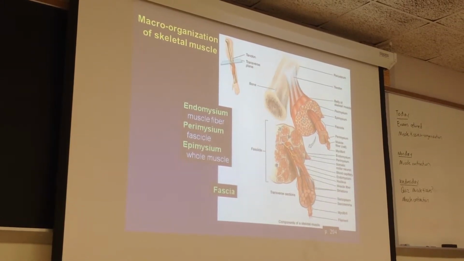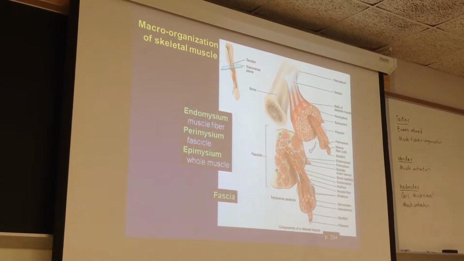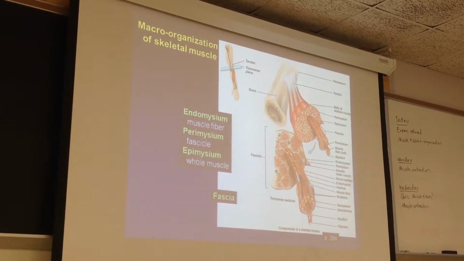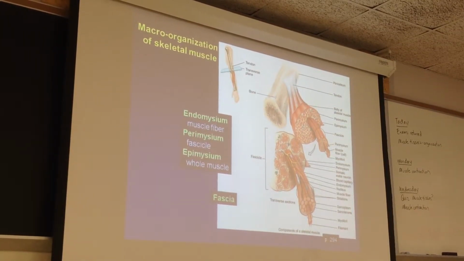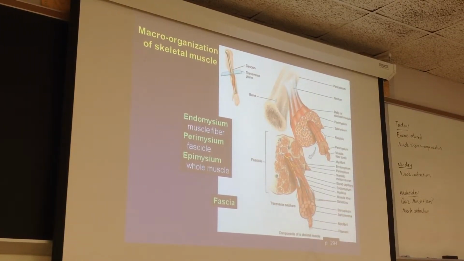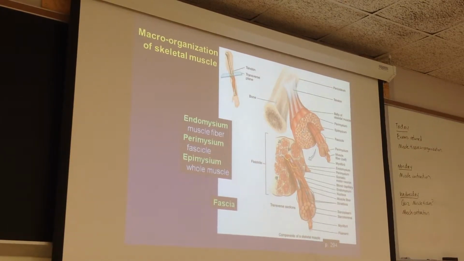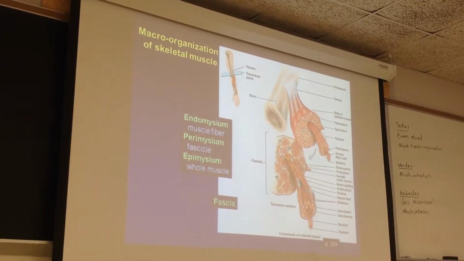Finally, one more thing is fascia. Fascia is connective tissue that often clumps several muscles together. Or it's additional connective tissue on the outside, further outside of the epimysium. Some of you might have had the good fortune to be able to dissect maybe a cat in high school, or maybe a fetal pig or a frog or something like that. And you got to study muscles.